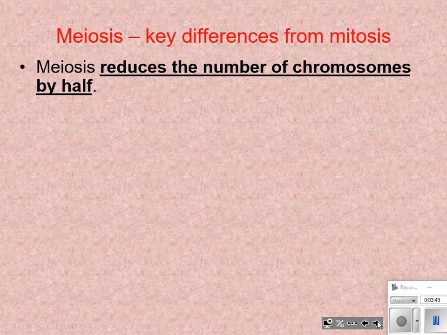Diploid begins with a D. Diploid is double. So, haploid, diploid. If we're talking about meiosis here and how it reduces the number, meiosis reduces the number from a diploid to a haploid. Reduces the number of chromosomes in half.